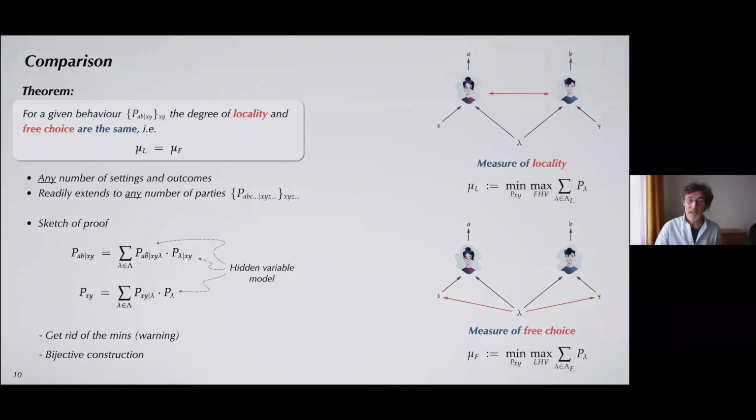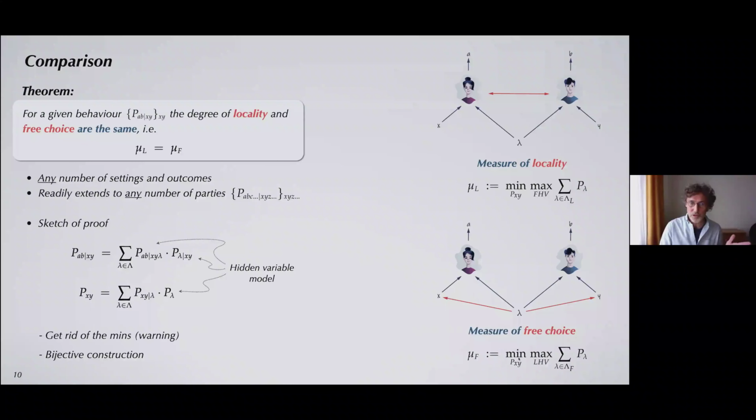That means that I have those three quantities, that is this one, and this one. They're fixed. And suppose I wanted to retain those two in order to have a proper simulation of the behavior, but I wanted to change this distribution of settings in order to somehow get rid of those minimas.